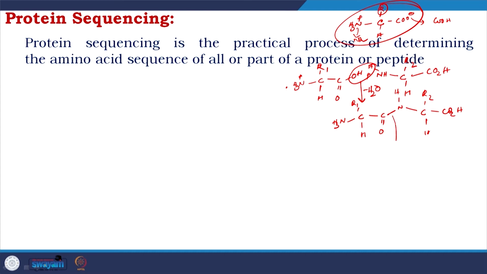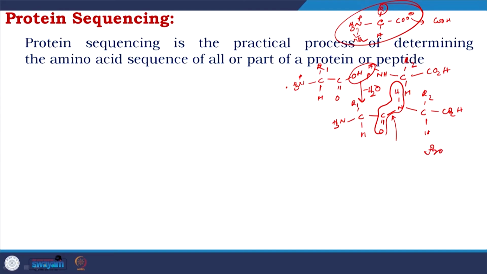Now, first of all, what are the problems? Though this is the peptide bond, these peptide bonds behave differently and give different access. The first criterion is to break it, and the enzymes that do that are called proteases. There are different types of protease, let us say serine protease, which works through the catalytic residue serine.